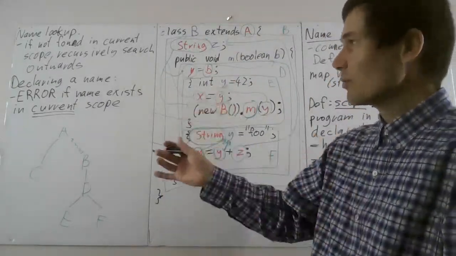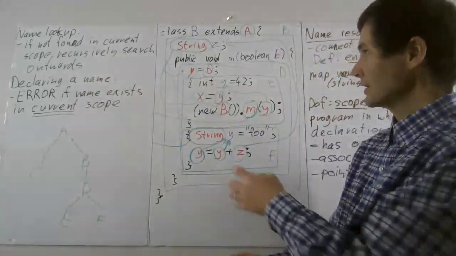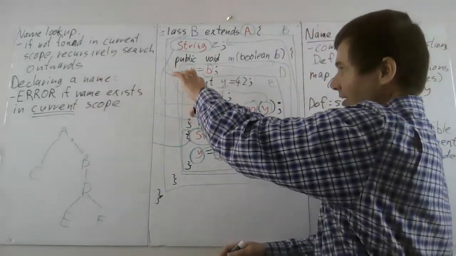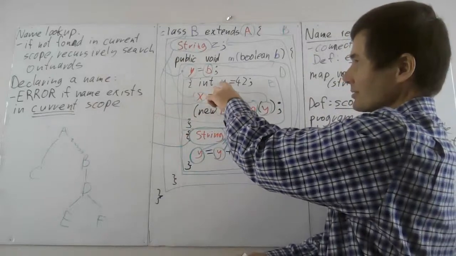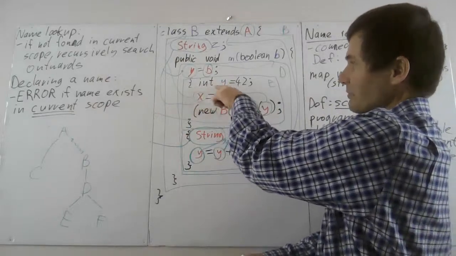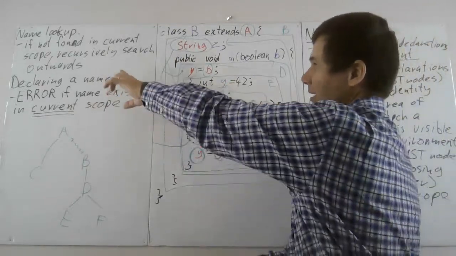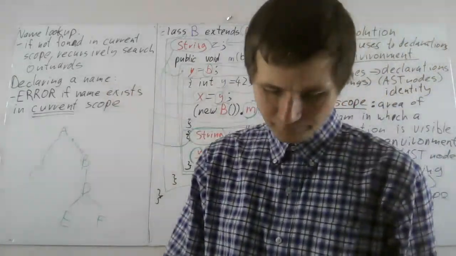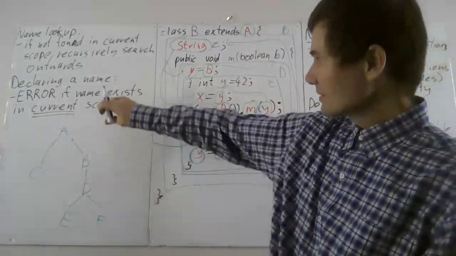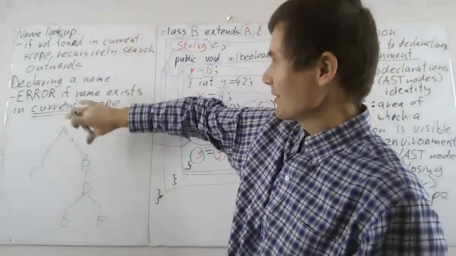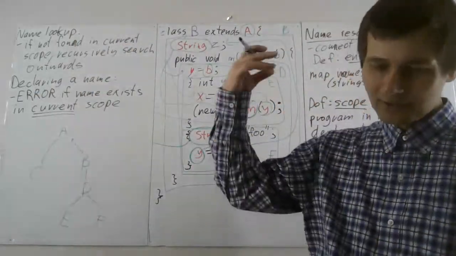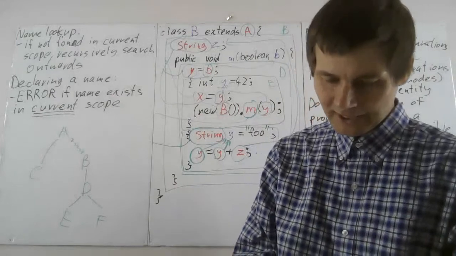But you want to make sure you don't have duplicate names in the exact same scope. So if I had another declaration of y here, I would give an error.